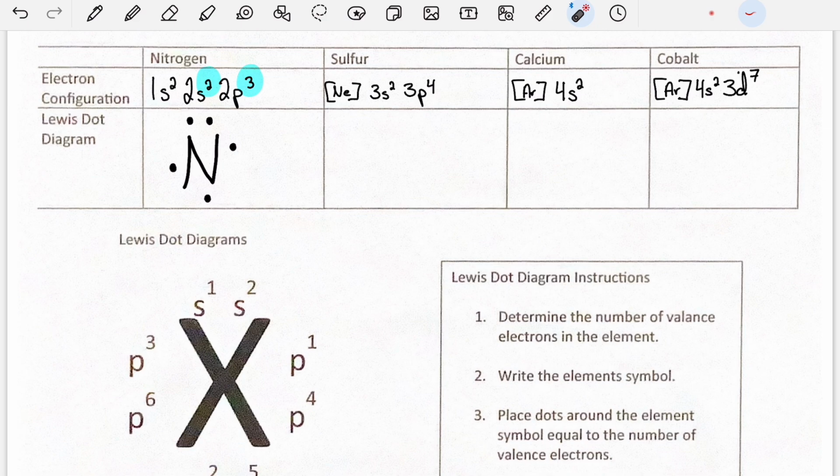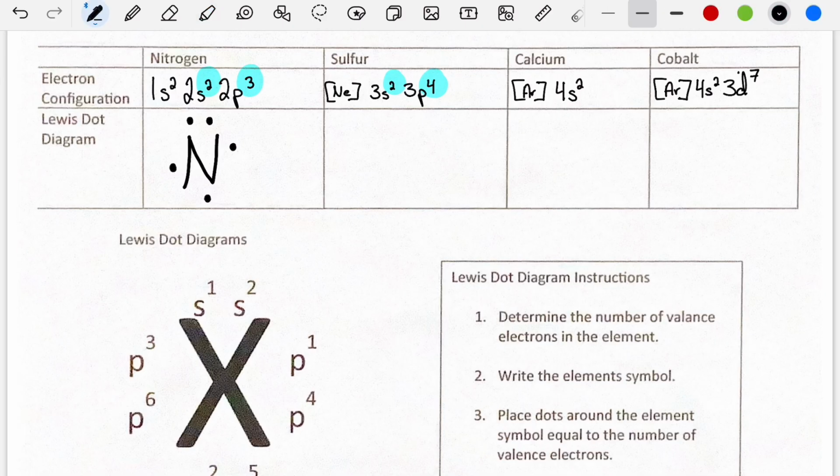Let's look at sulfur next. Step number 1, determine the number of valence electrons. So there's 2 in its 3s, 3 being its highest energy level, and then 4 in its 3p. That's a total of 6 valence electrons.